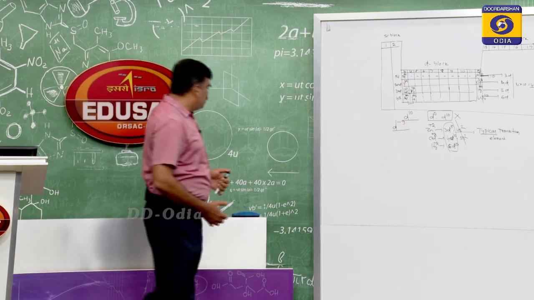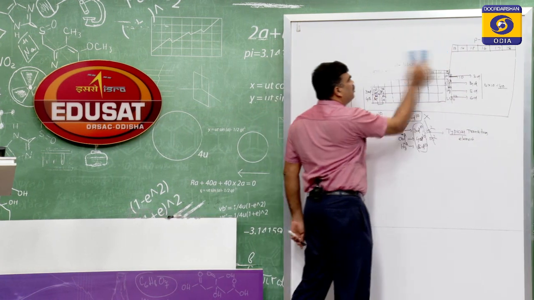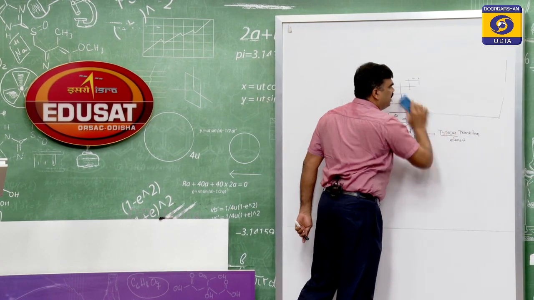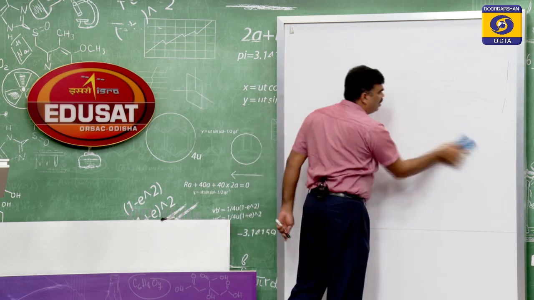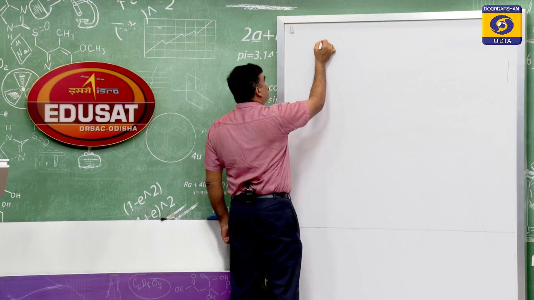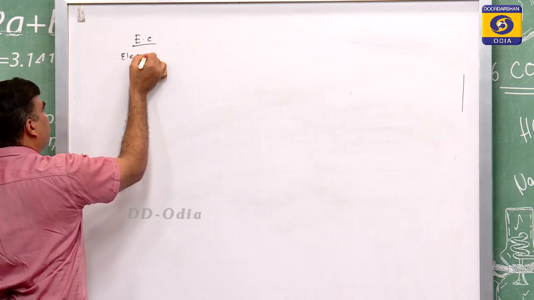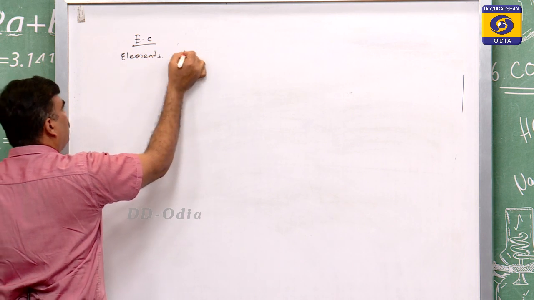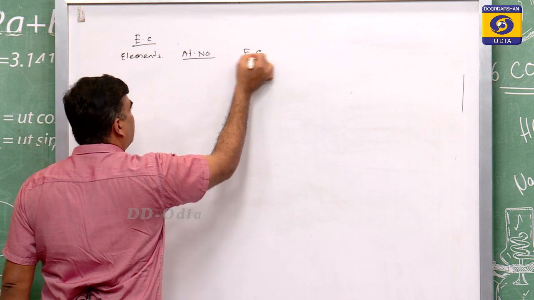Let us discuss the general electronic configuration of all the elements. This is very, very important. I will tell you a trick to remember all these elements. So these are the elements, atomic number, and how to write the electronic configuration.